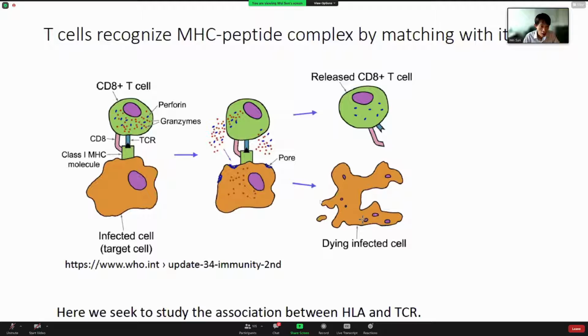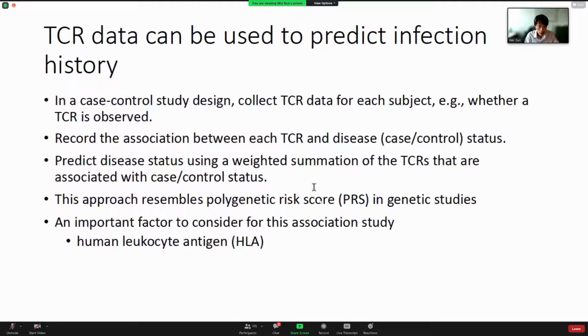And here, last time what we studied was the question: what's the association between MHC or HLA and the peptides? Now we want to study the association between the HLA and the TCR, basically the MHC or HLA here with the TCR. Before that, I just want to give a little background on why this is an interesting problem.